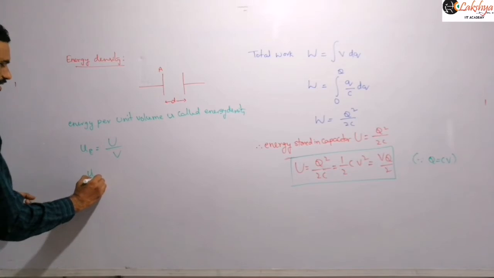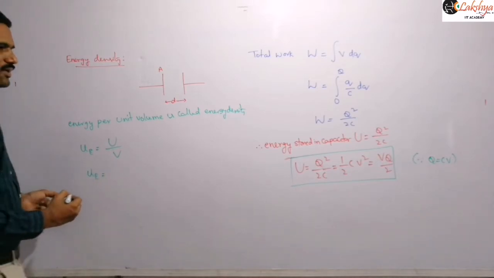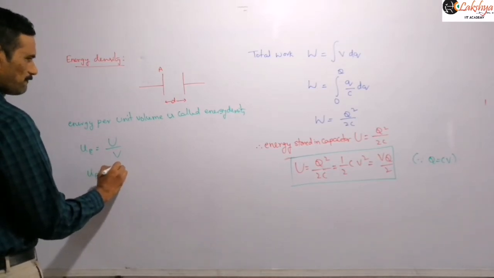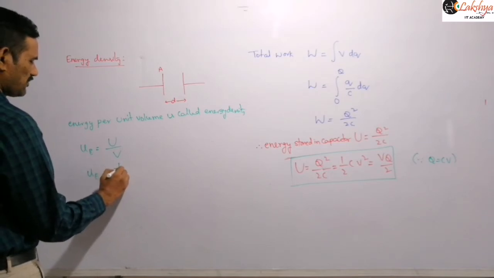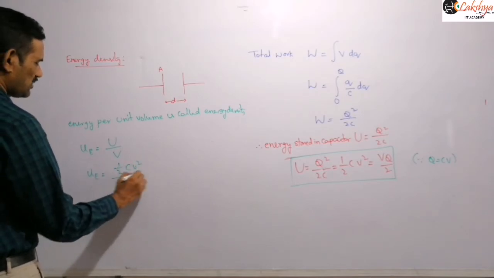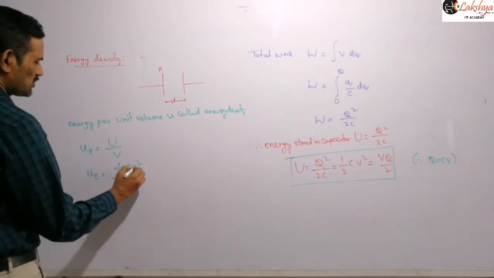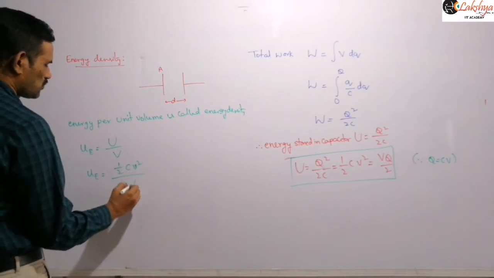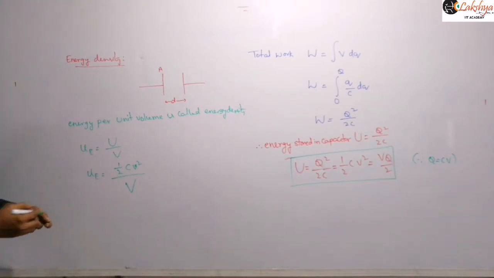And therefore this value I can write as, suppose I am writing, half CV square. This V is potential difference and this is volume here. I am writing this as small v and this as a capital V, right?